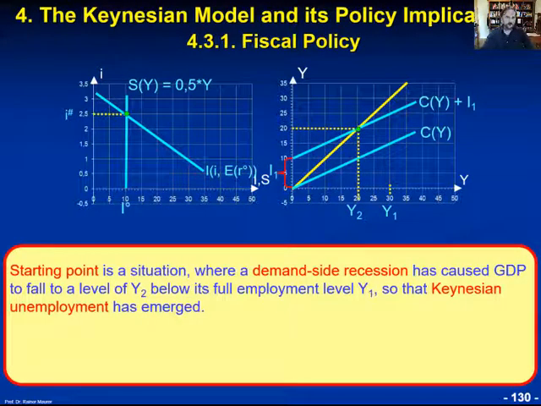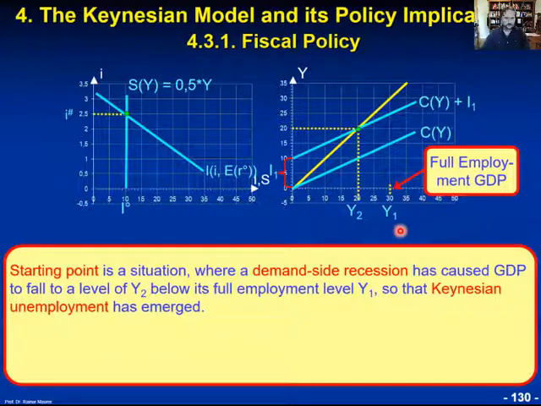Starting point of the analysis is a situation where a demand-side recession has caused GDP to fall to a level of Y2 below its full employment level Y1. As a result, this is now a situation with Keynesian unemployment. In order to overcome Keynesian unemployment and the recession, it is necessary to restore a GDP equal to Y1.